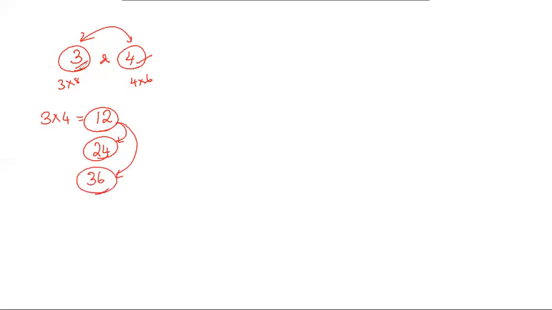Correct? 36 comes in the 3 table. What is it? 3 twelves are 36. In the 4 table, how does 36 arise? 4 nines are 36. Correct? So all numbers which are in this 12 table, that is multiples of 12, now become common multiples of 3 and 4. Clear?